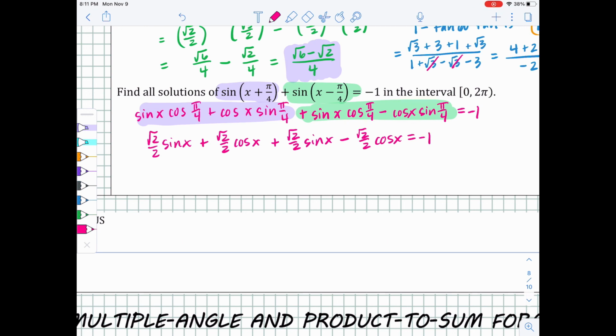Looking at what I have left, I have a radical 2 over 2 times the cosine, and I have a negative radical 2 over 2 times the cosine. Those two will cancel each other out. Putting together the sine terms, that would be the radical 2 times the sine of x. That would then be equal to negative 1.